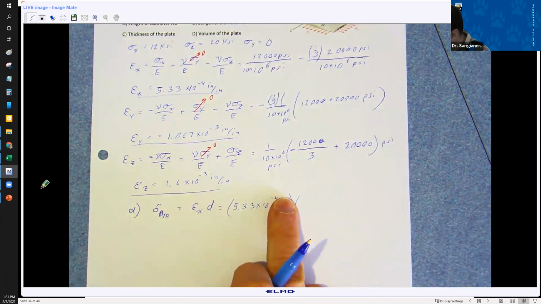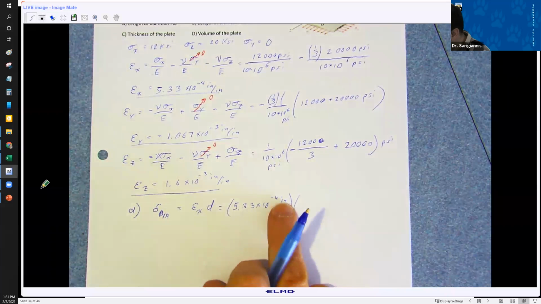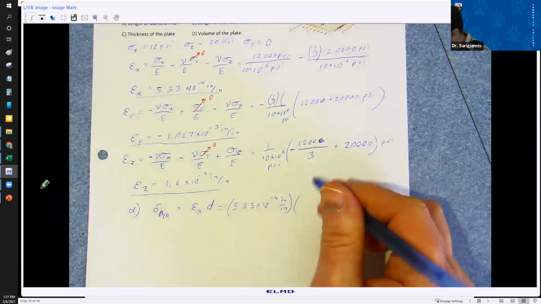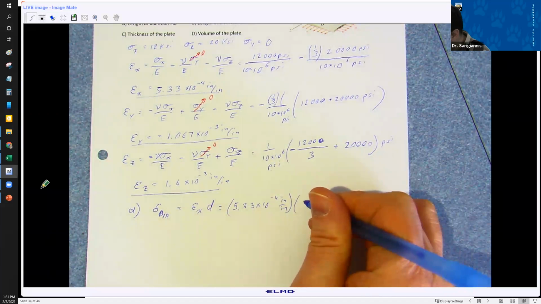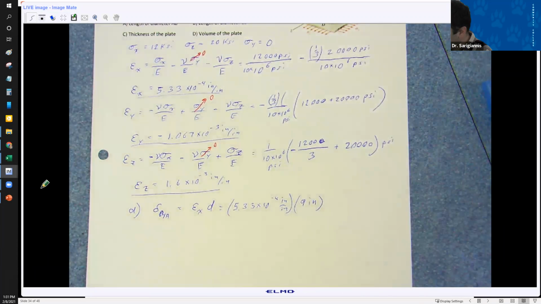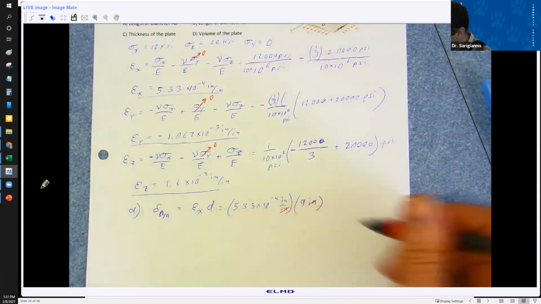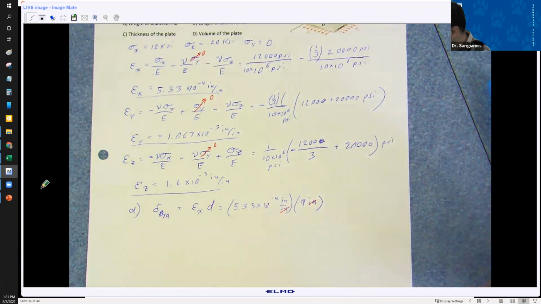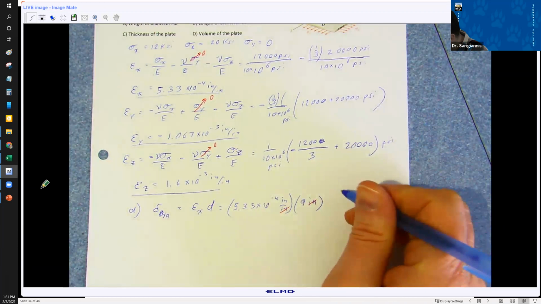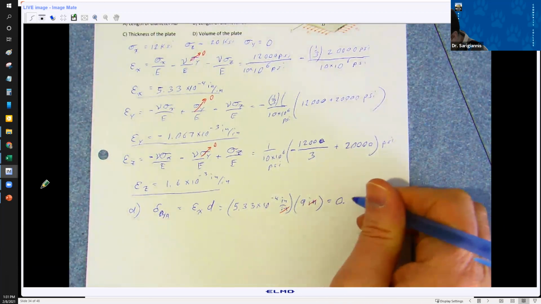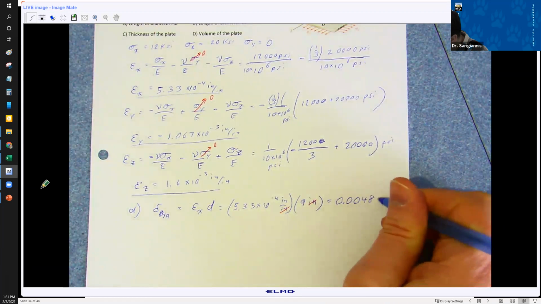Now, again, you don't have to write the inch per inch in here. This will be the same strain in metric, but it just reminds us we're working with inches, 9 inches. So once you use the strain in this problem, you don't have to worry about it. I should have canceled out the inch per inch. So this is 0.0048 inches.